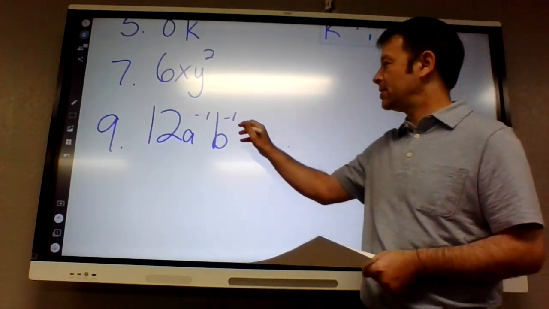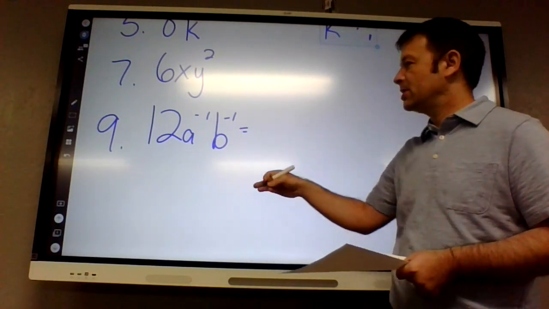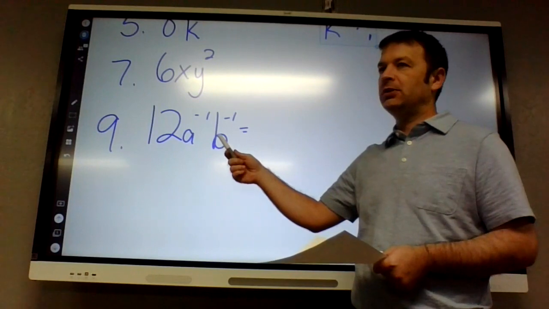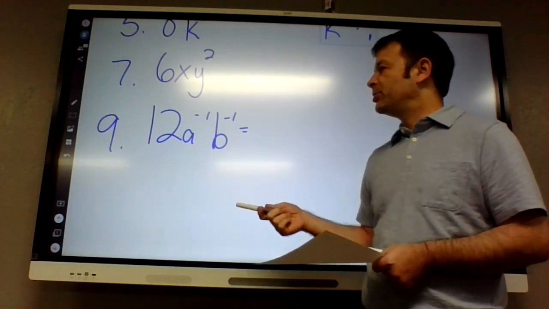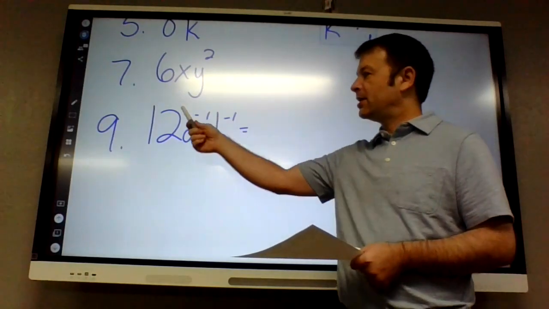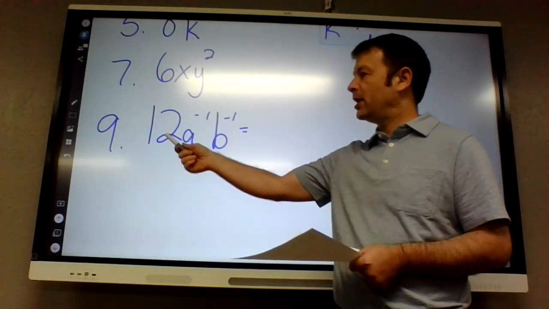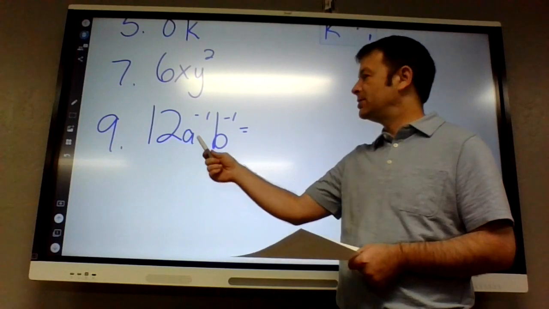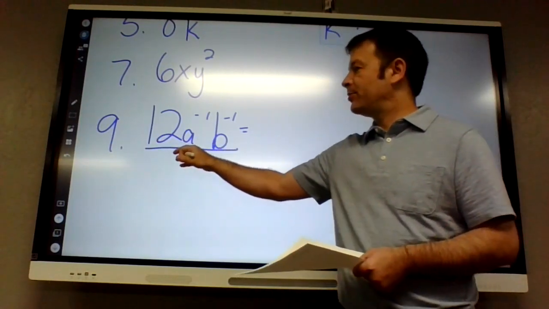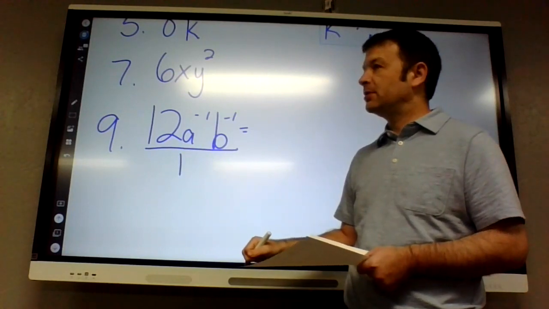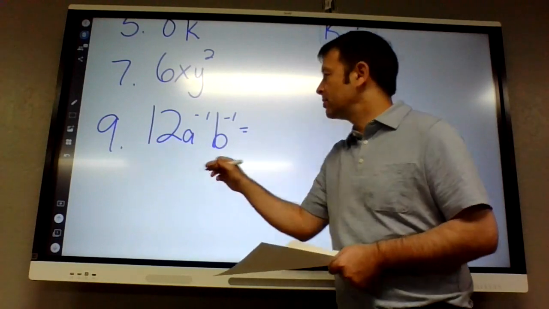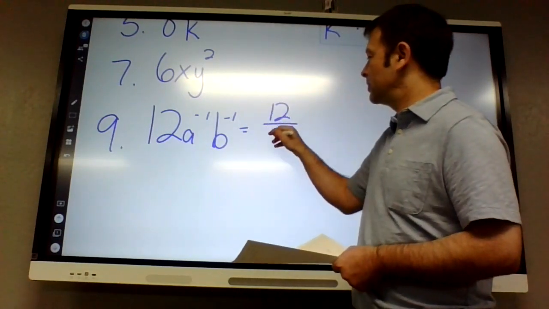That's what the directions said. Only positive exponents. So what am I going to do with the a negative 1, b negative 1? Just move it to the bottom. It's 1 over a, b, times 12 will be 12 over a, b. So these two are just going to go down to the bottom. Remember, there's kind of an invisible fraction bar right there. So they're just going to move to the bottom. 12 over ab.